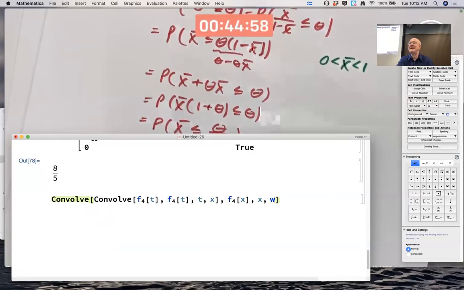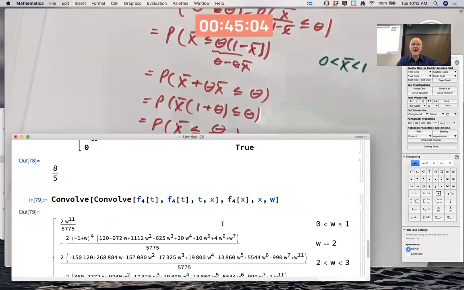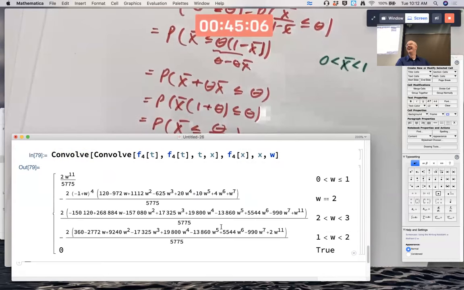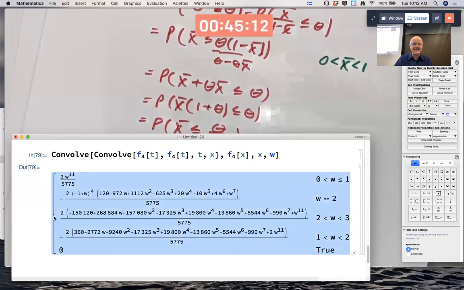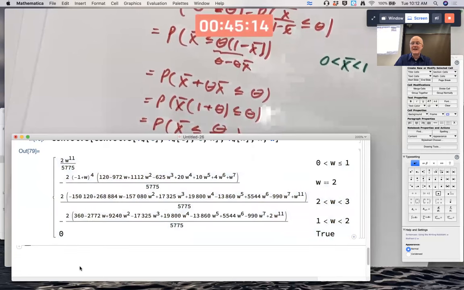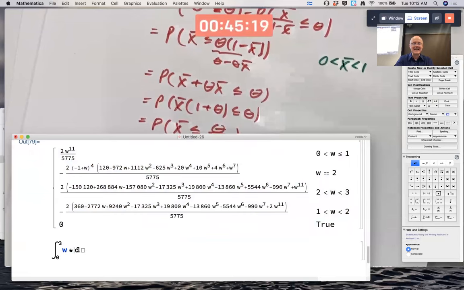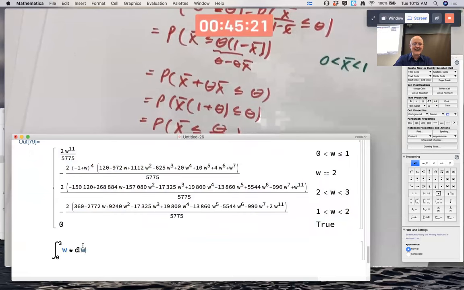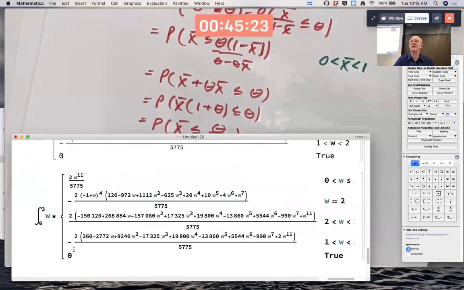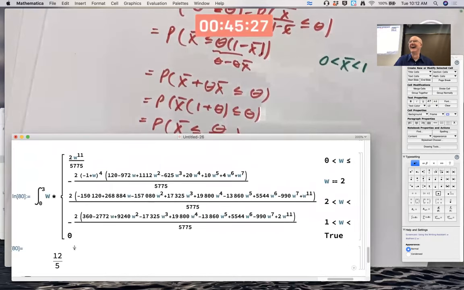This is going to be the PDF of x1 plus x2 plus x3. And it works. And you can integrate it to find the CDF. And you can integrate W times it from 0 to 3 in this case now to get the mean. Should be 4/5 plus 4/5 plus 4/5, 12/5. Yay.